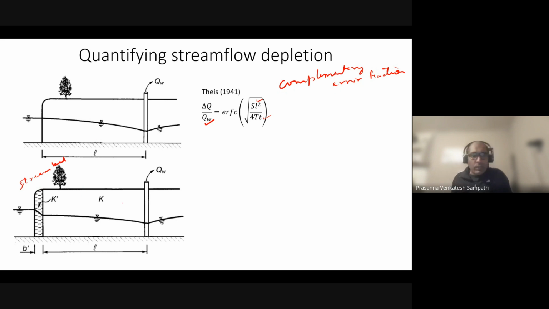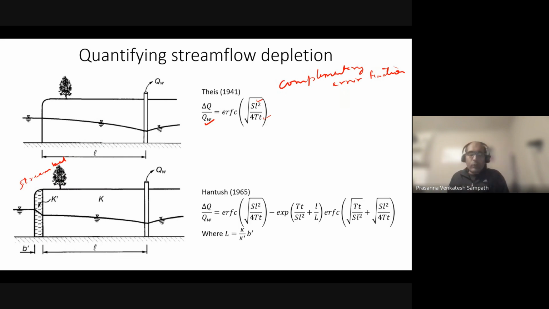So the distance of the pumping well is divided into L and another thickness B prime, which is the thickness of the sediments in the stream. The aquifer is not connected directly to the stream. It is connected to the stream through a stream bed, and that stream bed has its own conductivity K prime and its own thickness B prime. If that is the case, then you get a slightly more complicated looking expression for this delta Q.